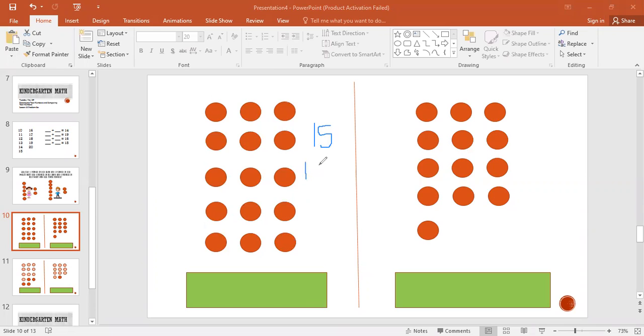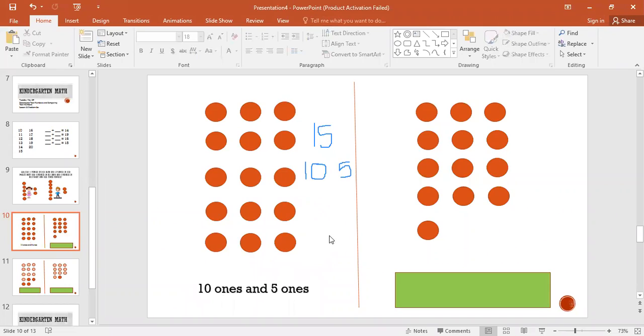Great job, 10 and 5. And remind me, why do I say it in the say 10 way? To show how my numbers are broken up. So this means I have 10 ones and 5 ones. You see down here, this says 10 ones and 5 ones. 10 ones and 5 ones.